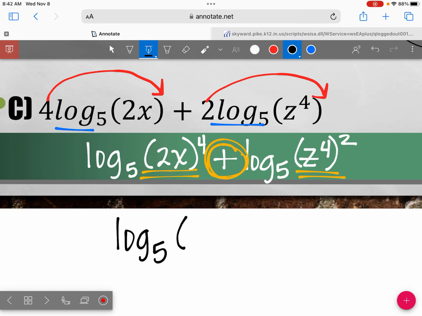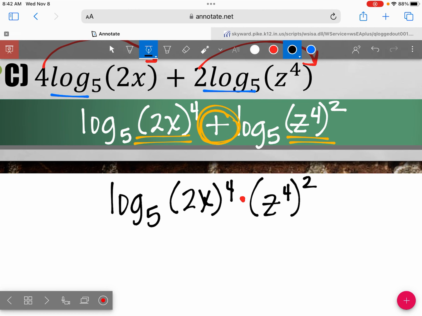So log base 5 of 2x to the 4th times z to the 4th squared. So this would be perfectly fine for me. But again, most of you all are going to somebody's school, and they will probably want you to keep going, which means that they will want you to simplify that exponent. So the best answer would be the log base 5.